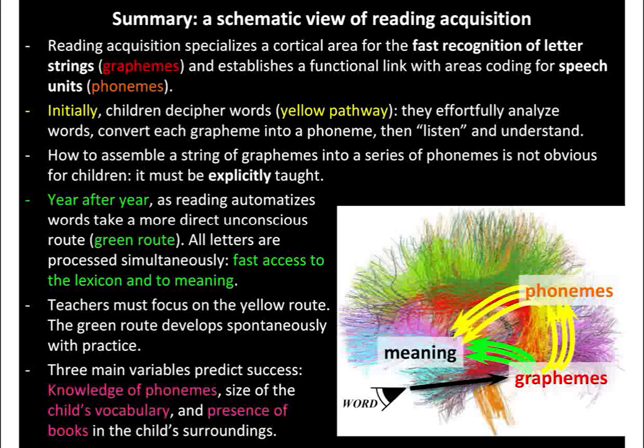We know that several of these variables include knowledge of phonemes, the child's vocabulary, and the presence of books in the child's surroundings. And all of these are things that we can manipulate in preschool, of course, to facilitate acquisition of reading. Why do these variables influence? Because the child must have phonological knowledge in order to have an efficient pathway here, and knowledge of grapheme-phoneme conversion, but must also have a high vocabulary to understand what is being written, and must also have many books to have a lot of training of this circuit so that the green circuit is put into place.